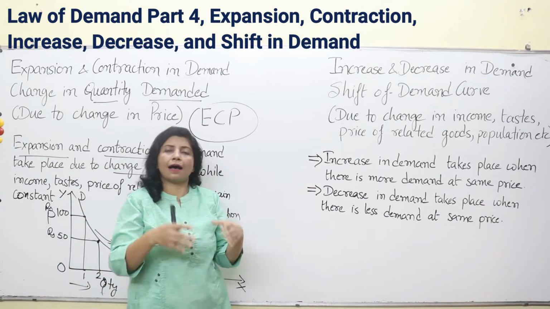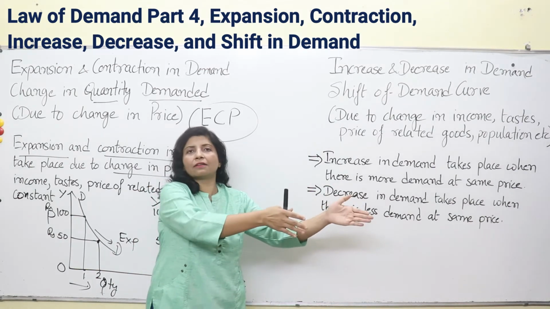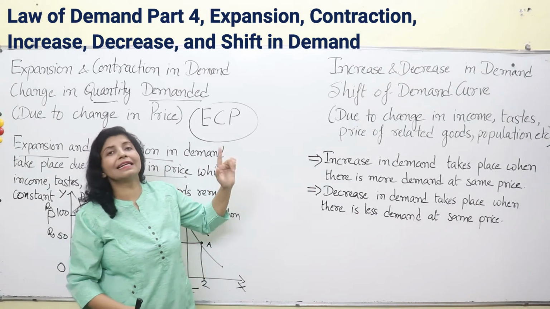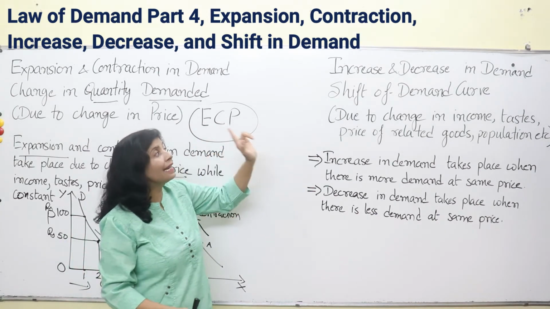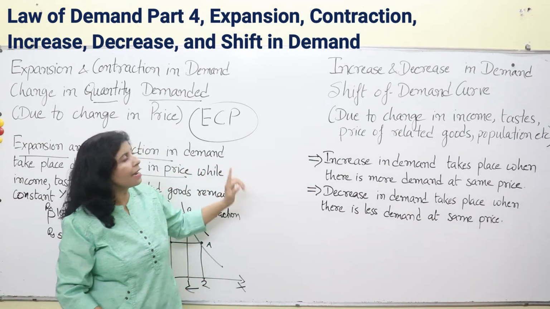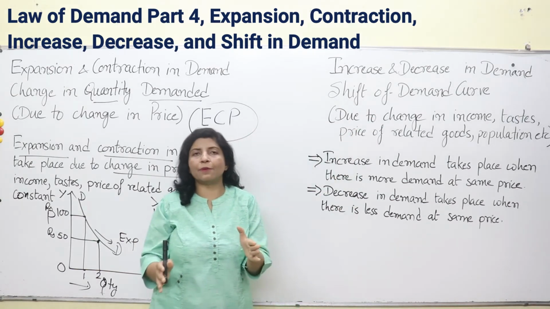If factors other than price change and demand changes owing to that factor, that is known as increase and decrease in demand, not increase and decrease in quantity demanded. Here the word quantity is not added, right? And this is also known as shift of the demand curve. Shifting of the demand curve happens.